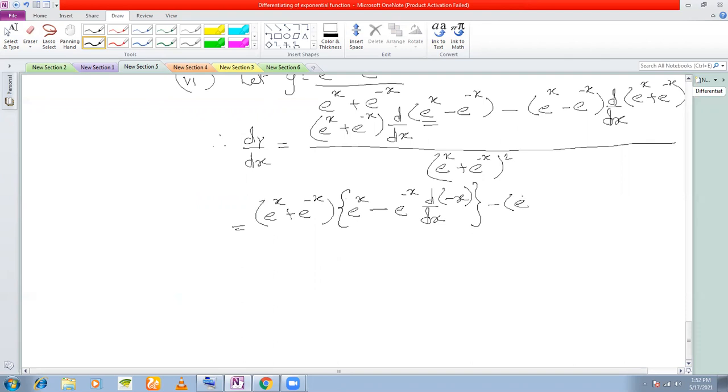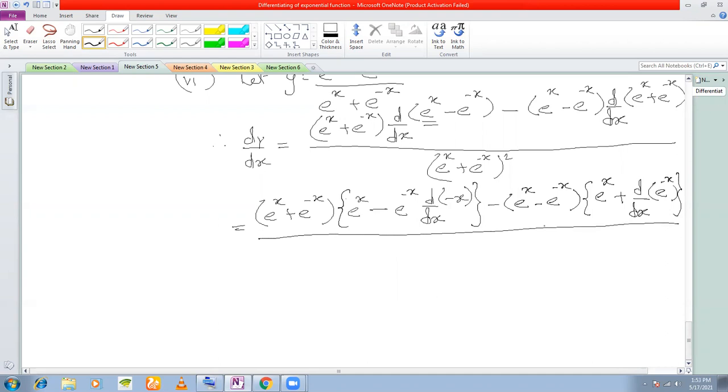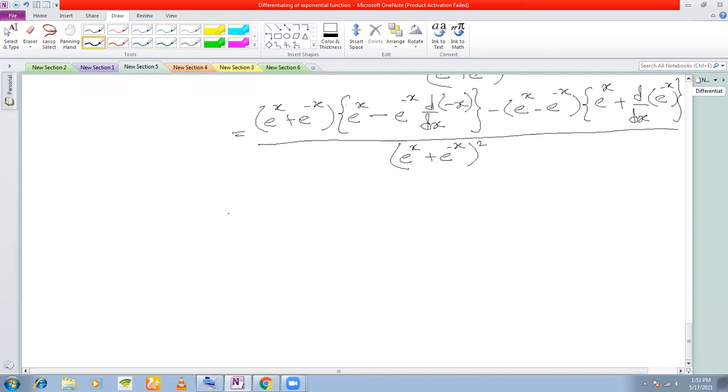Minus e to the power of x minus e to the power of minus x into, again here you have e to the power of x plus the d/dx of e to the power of minus x, whole divided by e to the power of x plus e to the power of minus x square.